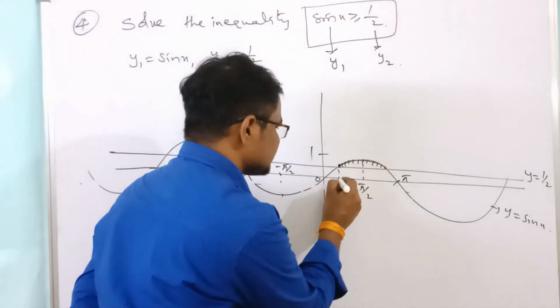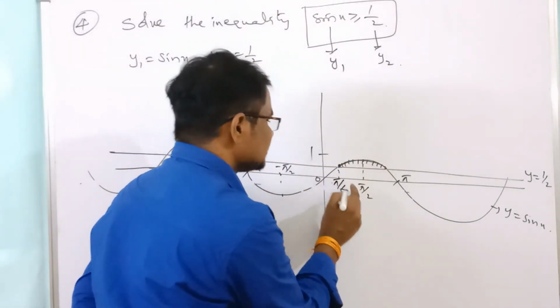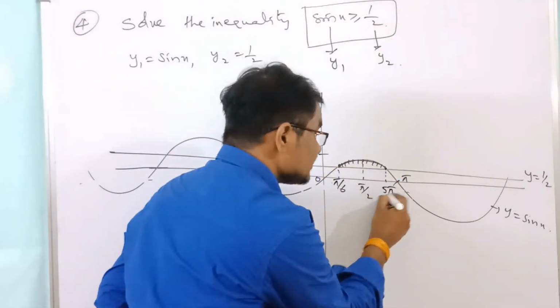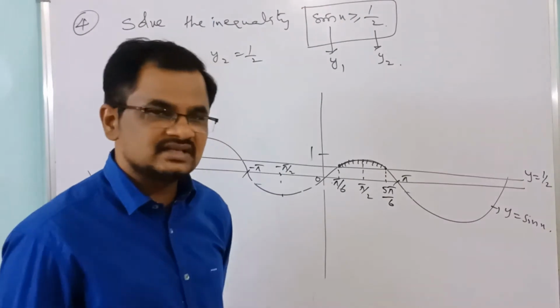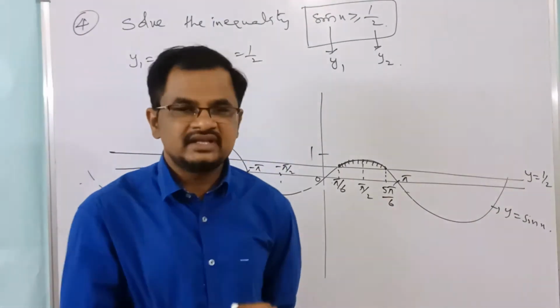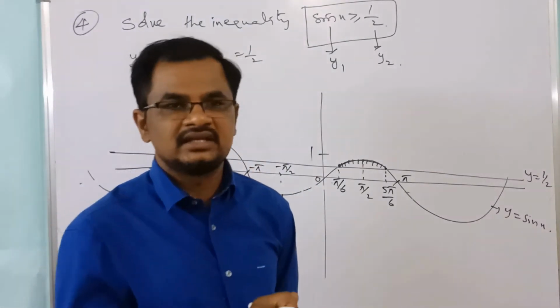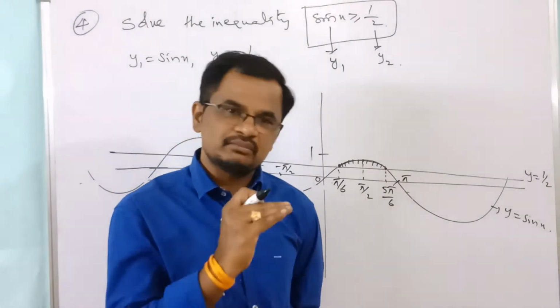Including this one, here you will get pi by 6, because sin pi by 6 is 1 by 2, and here 5 pi by 6, because it is less than pi. 5 pi by 6 is 150 degrees, second quadrant, sine positive, 180 minus 30, so sin 30 is 1 by 2 only.